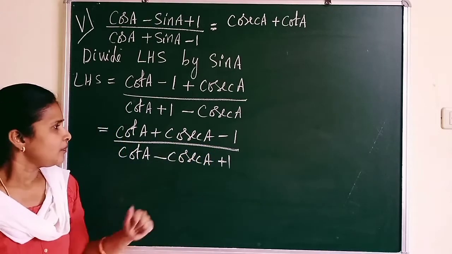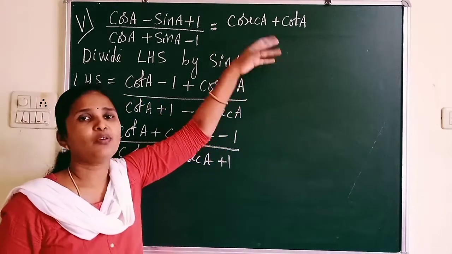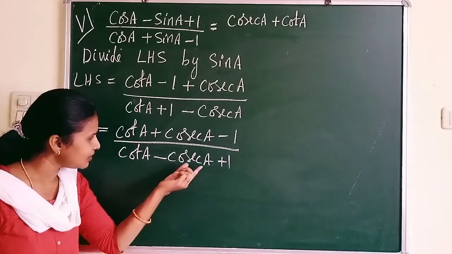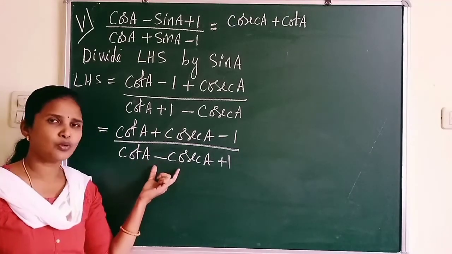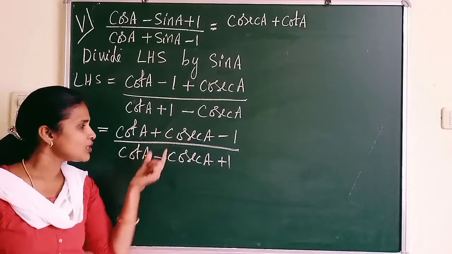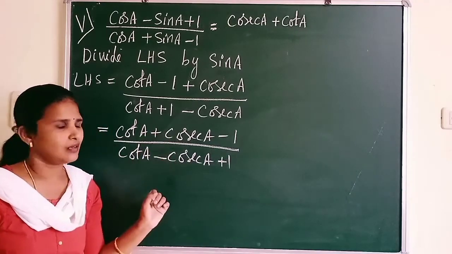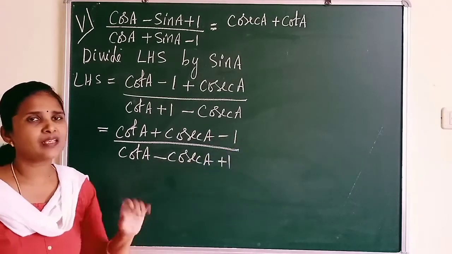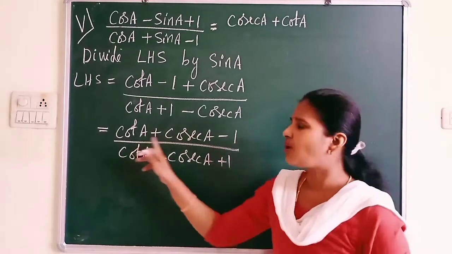Now what next? You can see in the RHS you don't have any denominator, you have only a numerator. From that you can get an idea that the denominator should vanish. If I want the denominator to go away, the numerator should also get the same term as in the denominator, so that I can cancel. For that, let us use this 1 as an identity involving cot and cosec.